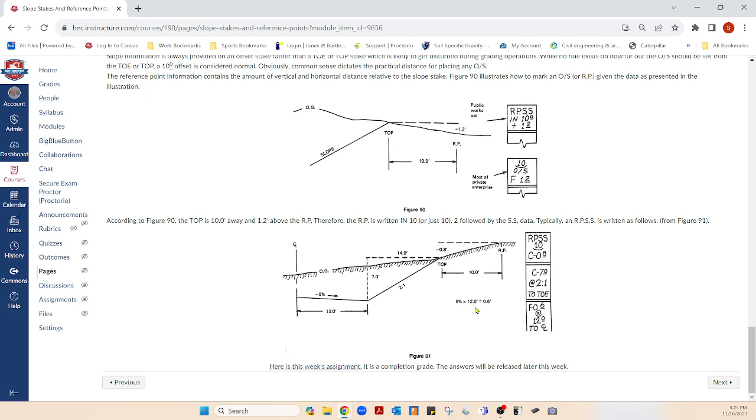5% times 12 is 0.6. You see them multiplying it out. They really need to do it 0.05 times 12, and then they would get 0.6 feet. So that would tell us that this center line, where we meet the center line, is 6/10 higher than this right here.